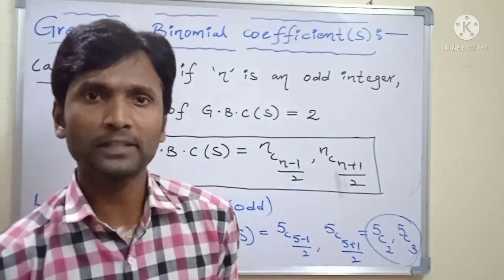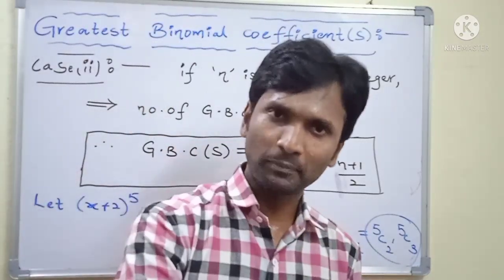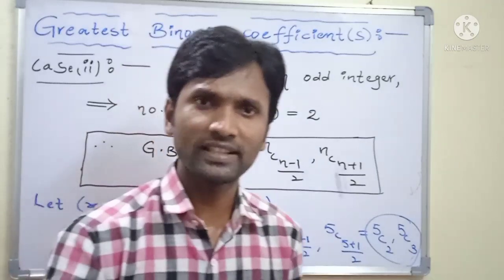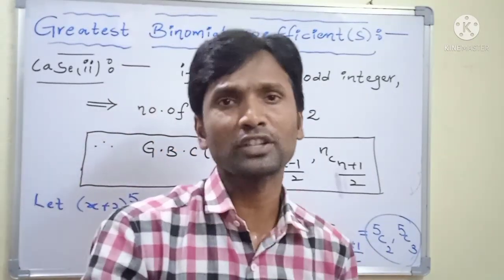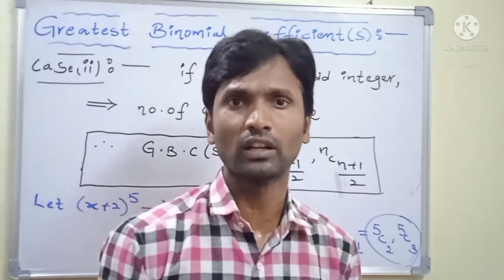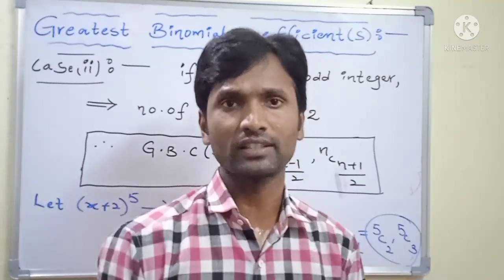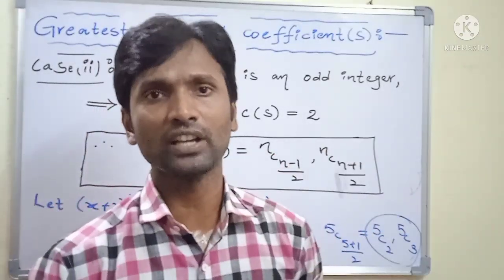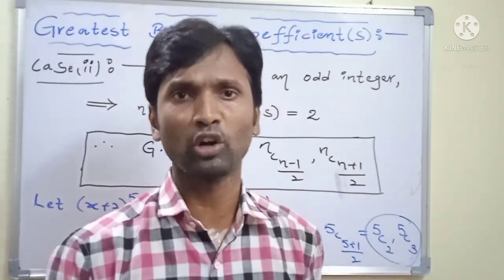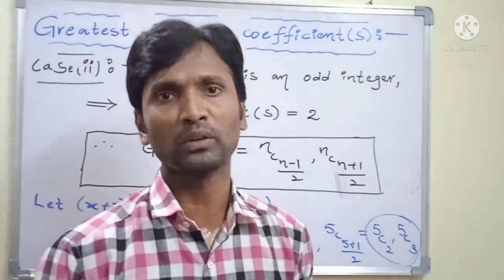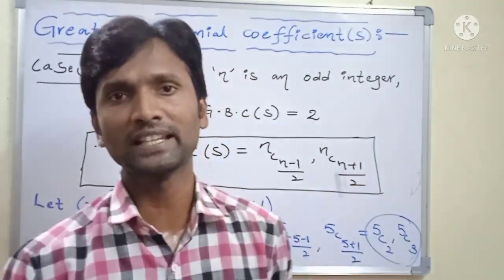If the binomial expansion is in the form of (x + a)^n or (x - a)^n or (1 + x)^n or (1 - x)^n, to identify the greatest binomial coefficient, there are two different cases. In the first case, if n is an even integer, then the number of greatest binomial coefficients equals 1, and the formula is nC(n/2).